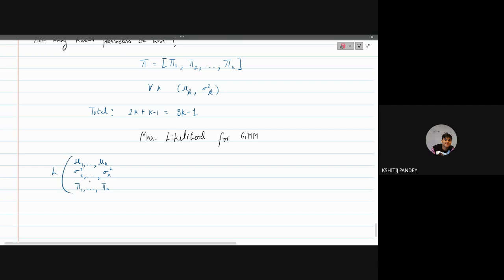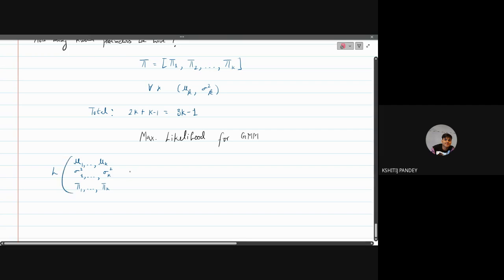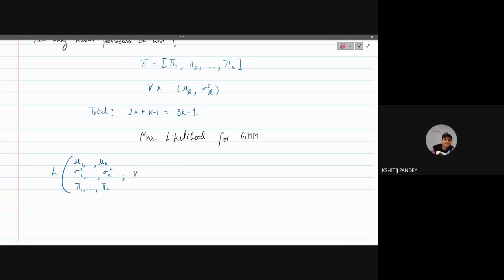And you have data points, that is, you have n data points, x1 to xn. Your likelihood function will give you the probability of generating this data given these unknown parameters.